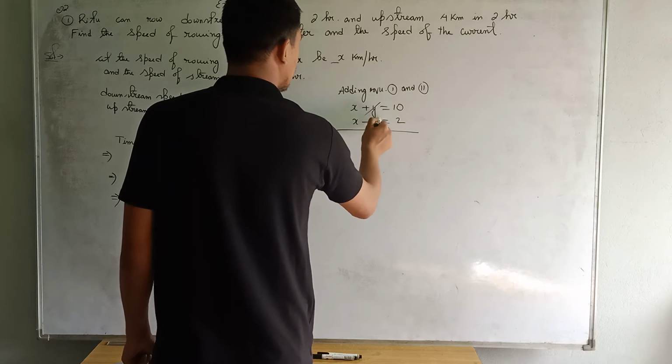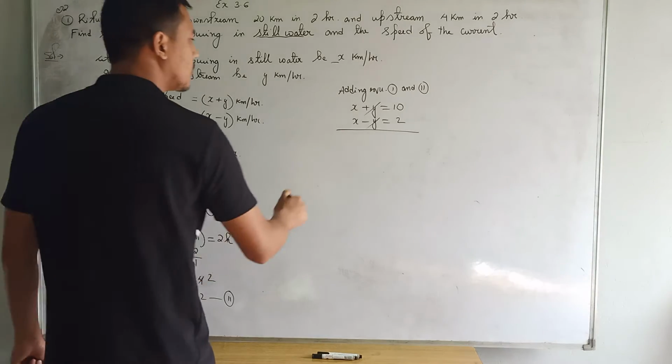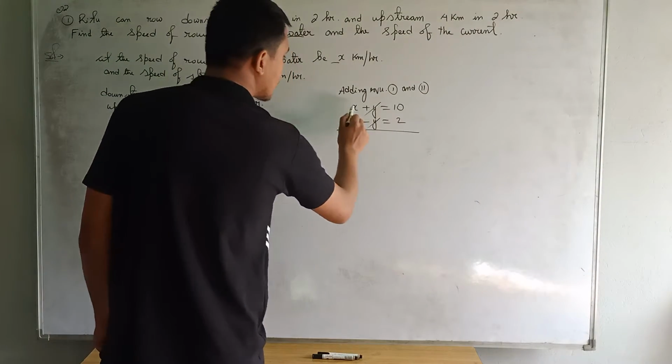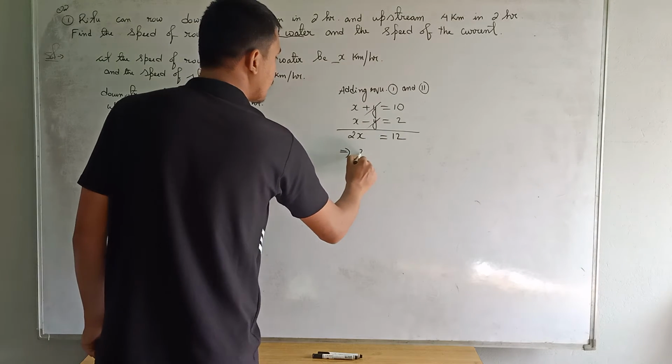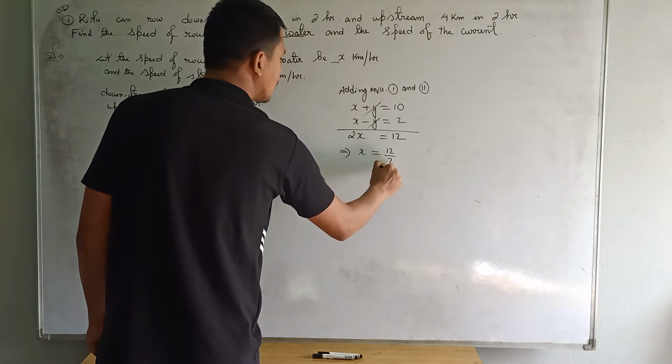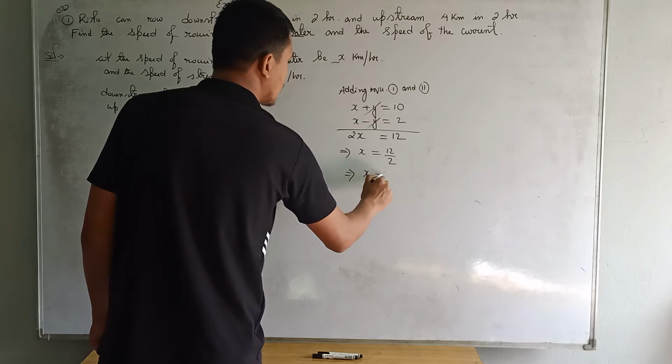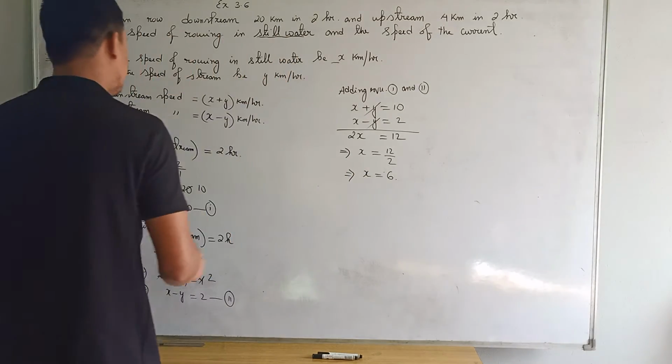Plus y and minus y cancel out, so we have x plus x is 2x, 10 plus 2 is 12. This implies x equals 12 upon 2. So x will be equal to 6.